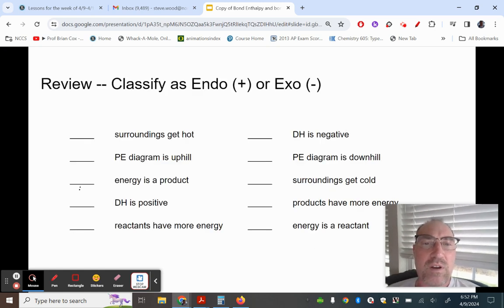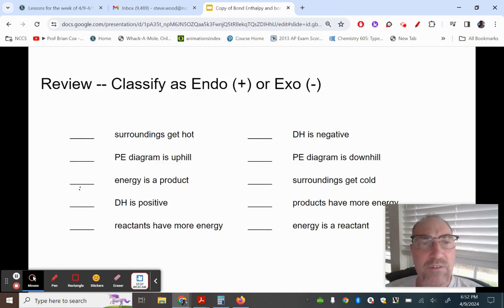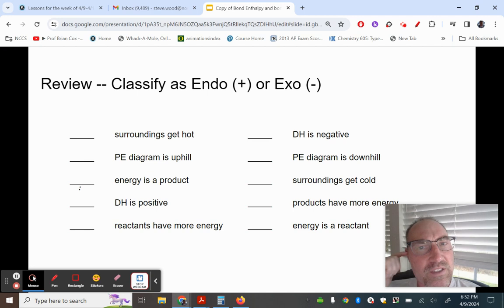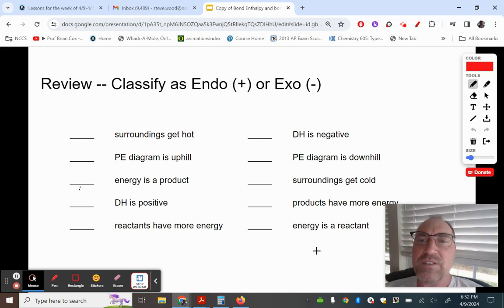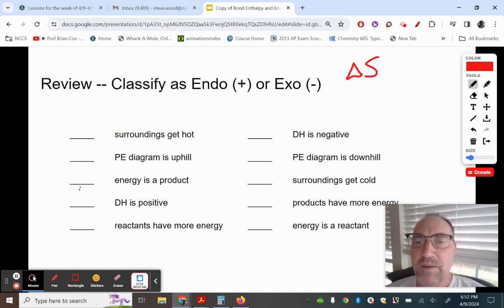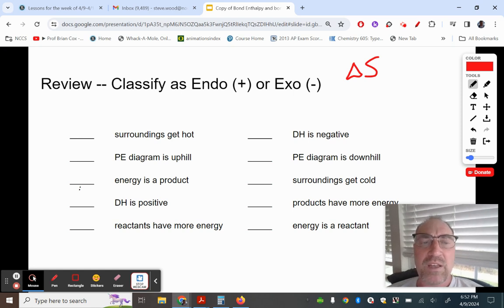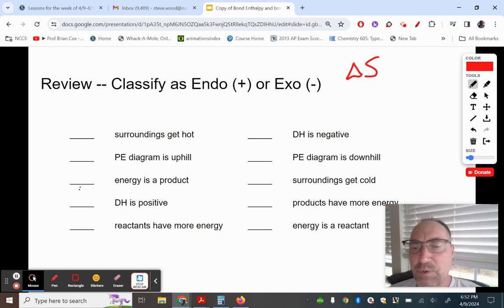Okay, so I want to first talk about thermochemistry because this last little bit relates to thermochemistry. You remember there's several things that you should know. One is delta S, which is the entropy of the system. If entropy is positive, that means it's getting more random, dispersing matter more.